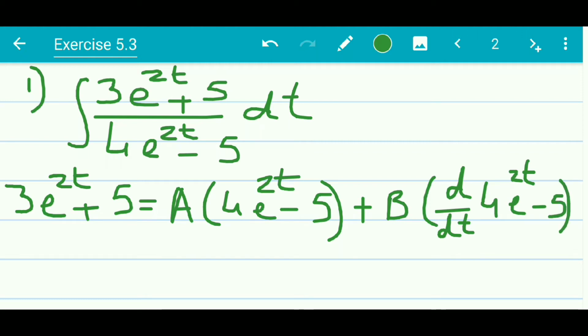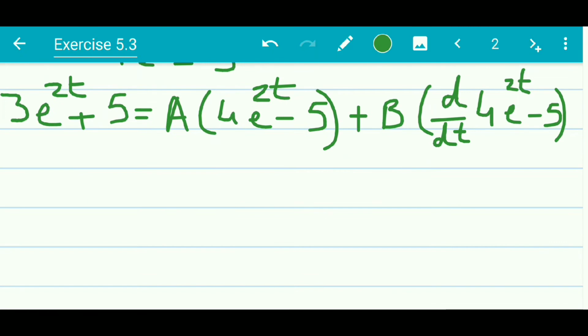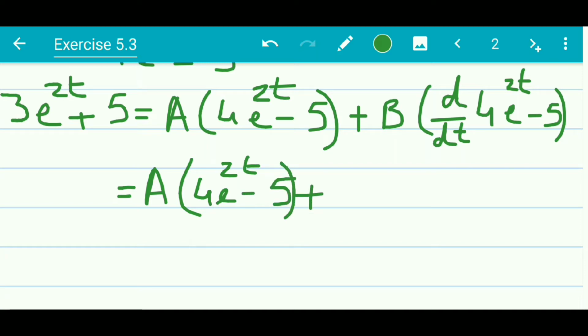Okay, upon writing it this way, we go further and the LHS remains as it is for now. On the RHS, again the first term we write as it is, and the second term becomes b into the differentiation of 4e^(2t). The derivative of e^x is e^x, so e^(2t) is e^(2t), but by the chain rule we also get 2.